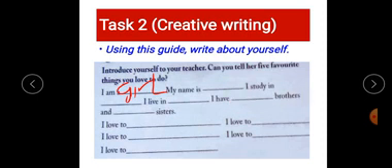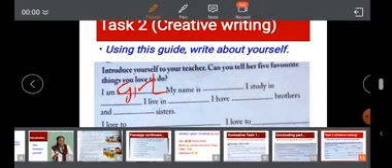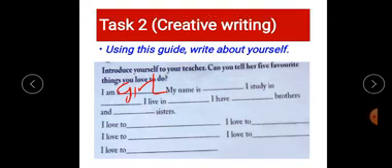And if you have sisters, you write the number. But if you don't have any, just simply say no sisters. I love to. What do you love to do? Tell me all the things you love to do here. So that's why I said, using this guide, write about yourself. So the task for creative writing is myself.